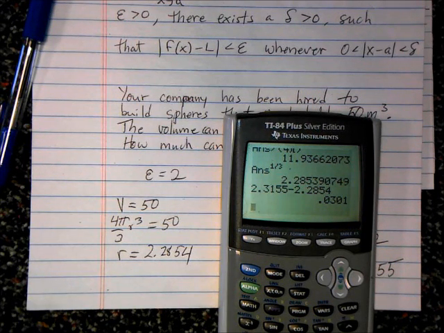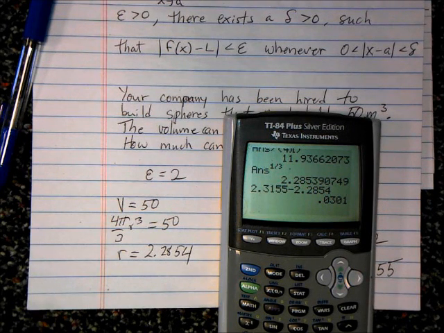So what's that 0.03? Back in this crazy definition of all these weird words, that's the delta value. What if I were to change the epsilon value? What if I said, my company's really, really picky, and you can't be within 2 cubic meters.